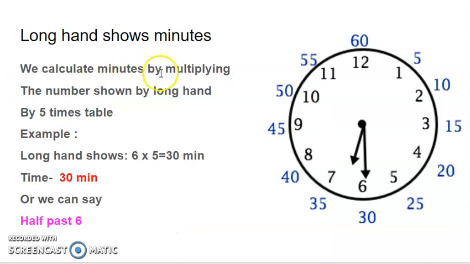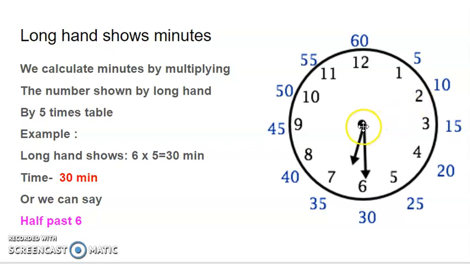The long hand shows minutes and we calculate minutes by multiplying the number shown by long hand with the 5 times table. So 5 ones are 5. So 5 minutes are shown if long hand is on 1. 5 twos are 10. So if the long hand is on 2, the time is 10 minutes.